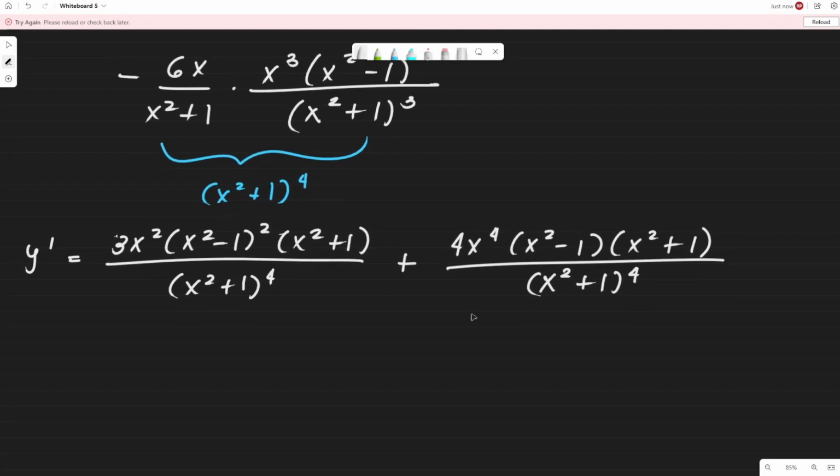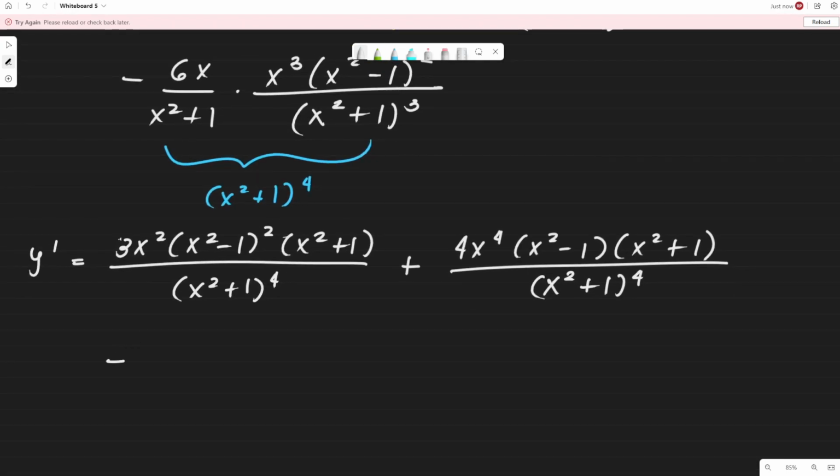Then minus 6x to the 4th times x squared minus 1 squared over x squared plus 1 raised to 4.